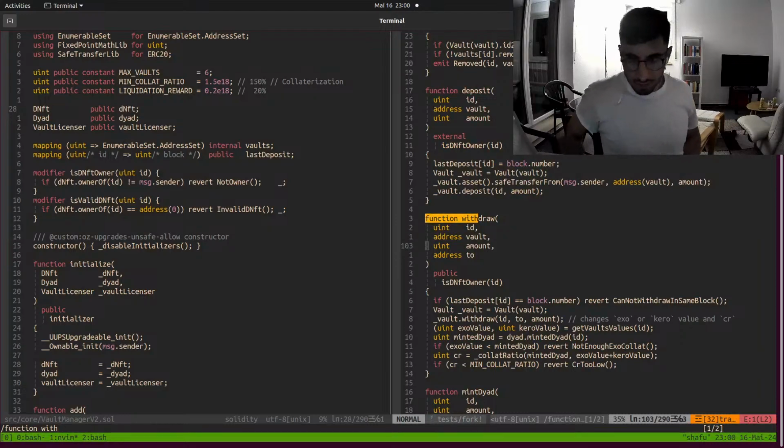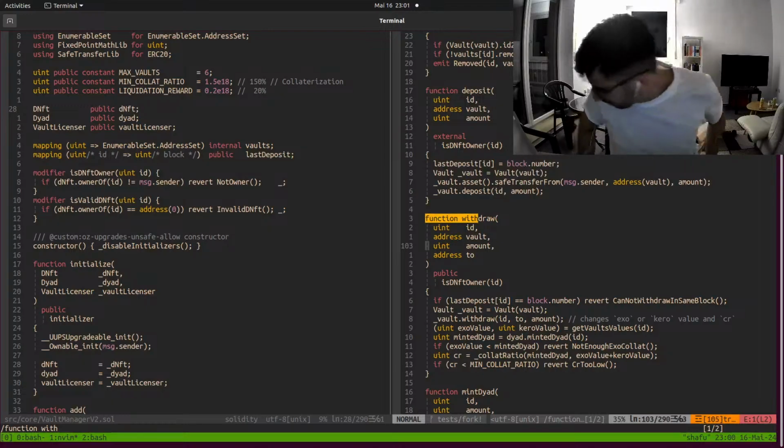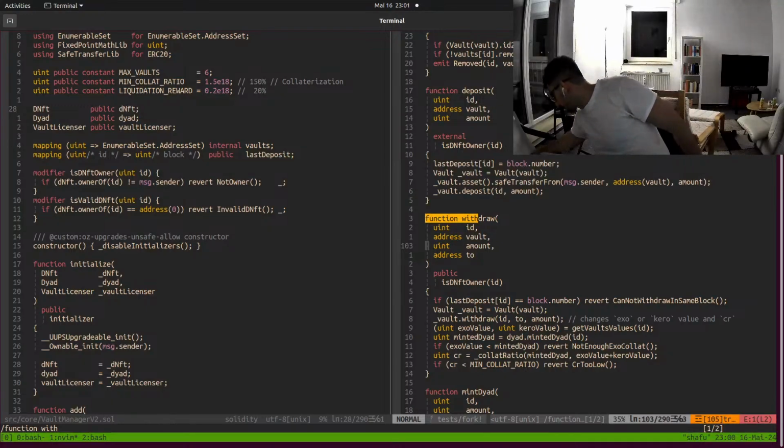But to be honest, I didn't understand why, and it didn't come up again in the audit report. So I'm not 100% sure what that's about.